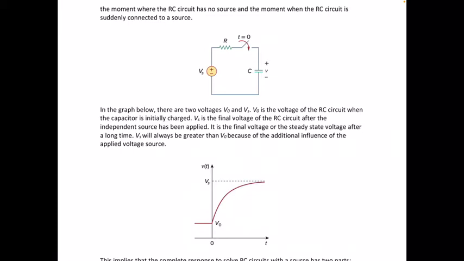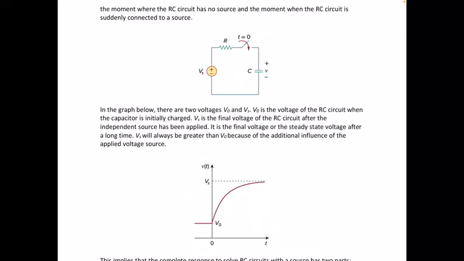But with the addition of an external voltage source, we have Vs. And Vs is the final voltage of the RC circuit after the independent source has been applied. So it is the final voltage, or the steady state voltage, after a long time.